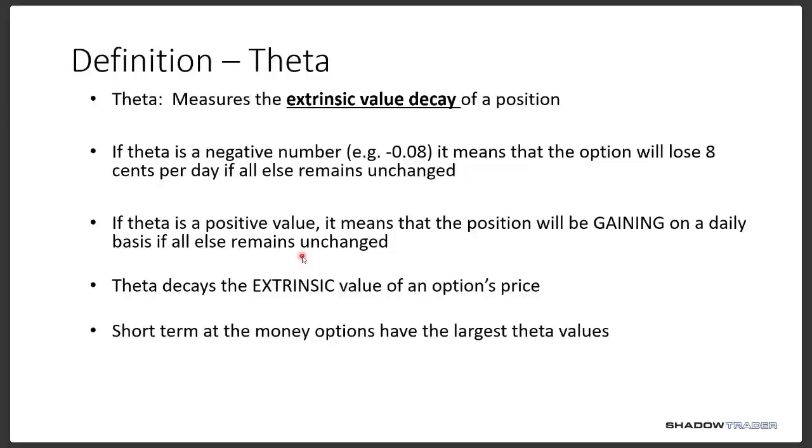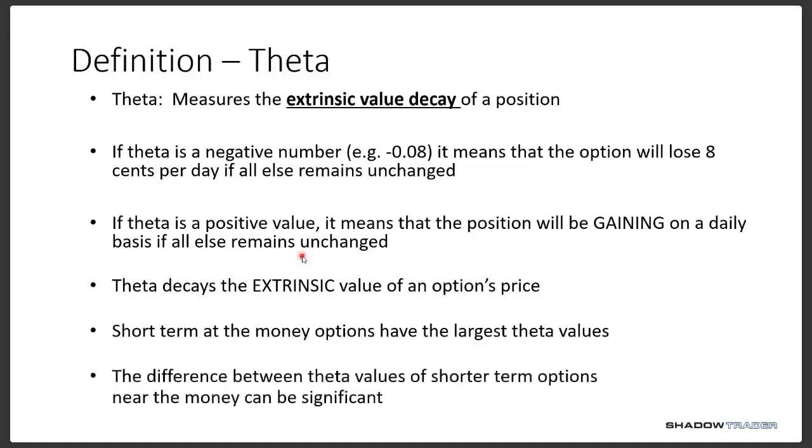As you get shorter and shorter in time and closer to the price of the underlying, theta gets bigger and bigger and bigger, which means that your option is more at risk, less at risk, but worth more to you as a seller if done correctly. And the difference between the theta values of shorter term options near the money can be rather significant. Not for the faint of heart.